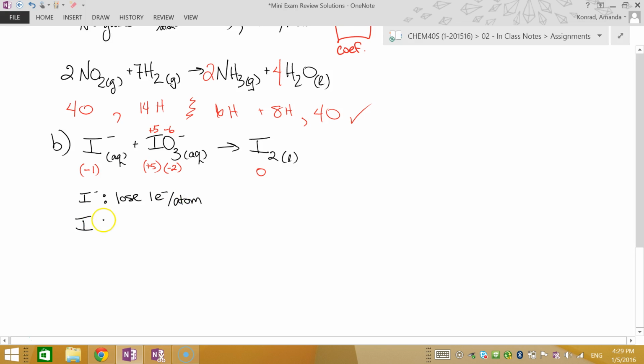The iodine that's part of the polyatomic ion is actually going to gain not just 1, but 5 electrons per atom, because it goes from +5 to 0. We need to check our subscripts to make sure that we know how many electrons are actually being lost per molecule. In this case, it's going to be the same, so it's 1 electron per molecule and 5 electrons per molecule.